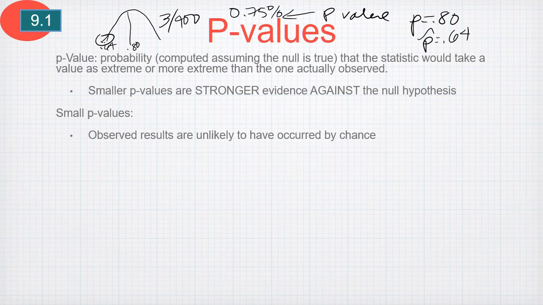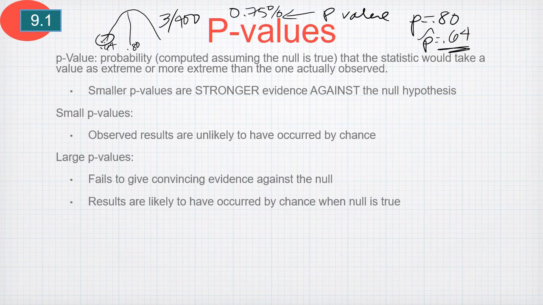So it's unlikely that if she truly was 0.8, 80% of the time she hits the free throws, we would have gotten this percentage by chance. If you have a really large p-value, it fails to give convincing evidence against the null hypothesis. So the results are likely to have occurred by chance when the null is true.